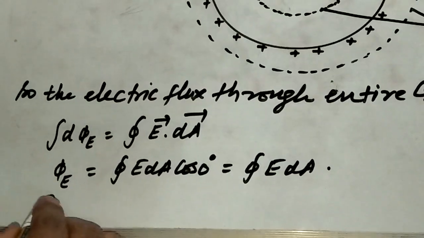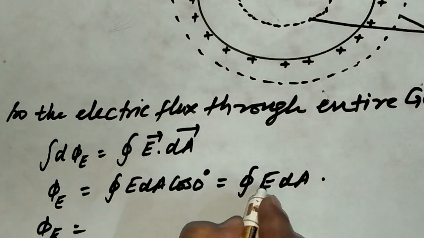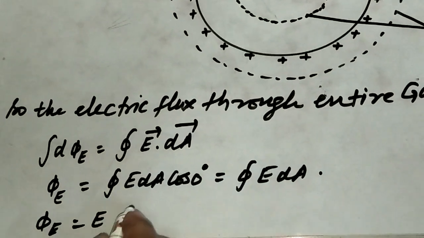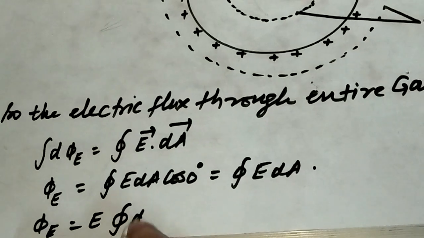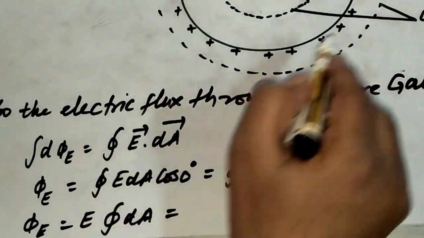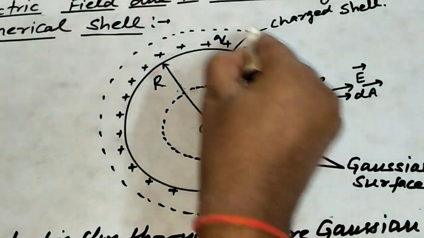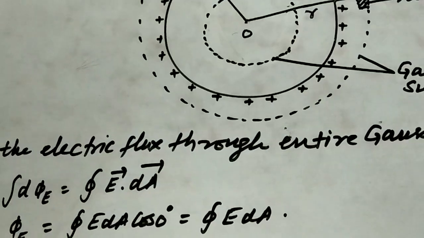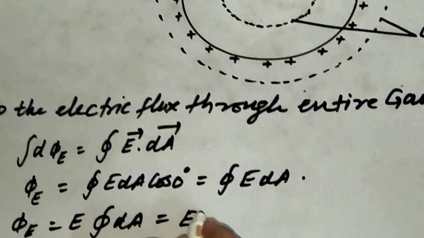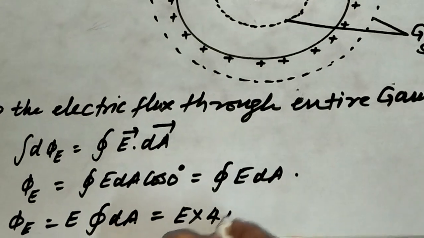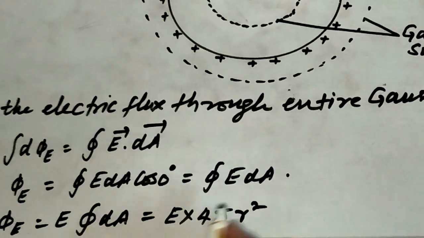So phi E is equal to E outside, times the whole integration of dA. The whole integration of dA means the total surface area of this spherical surface, so it becomes E into 4 pi r square.